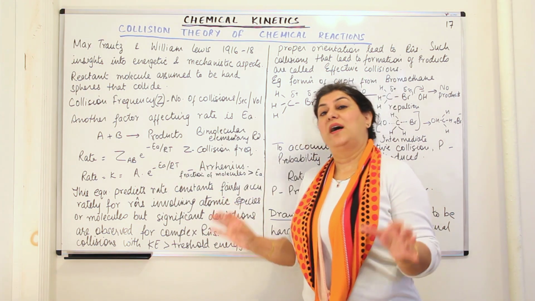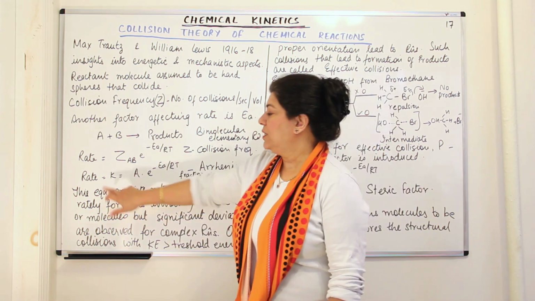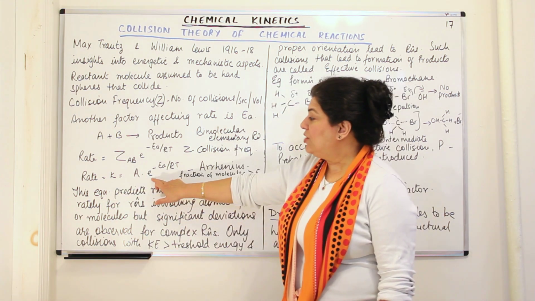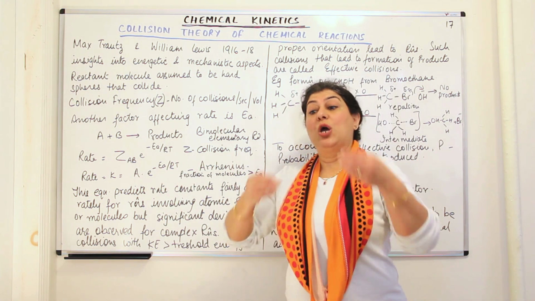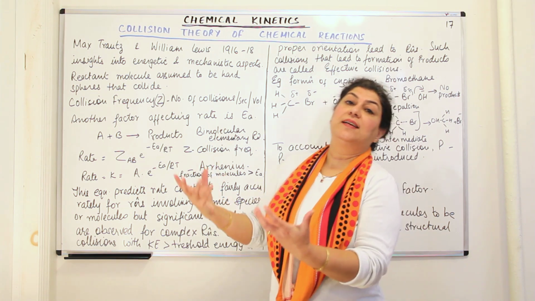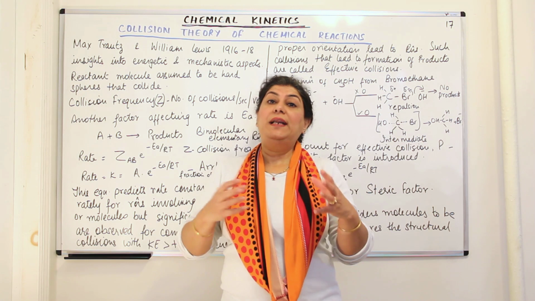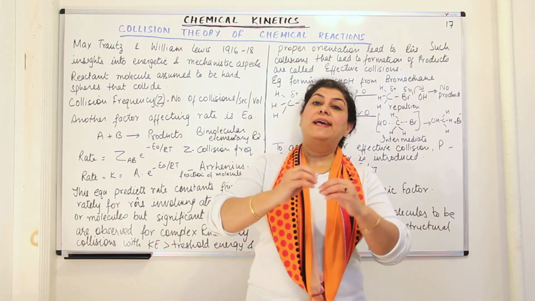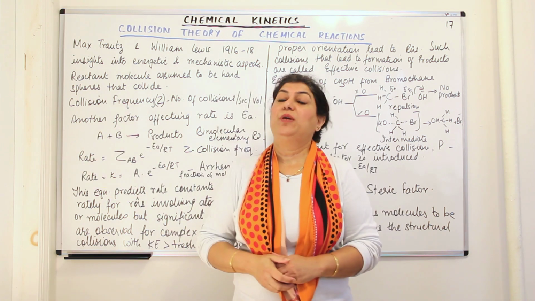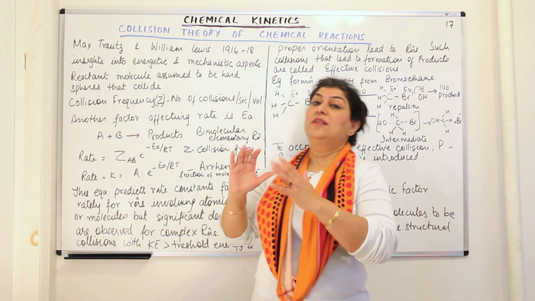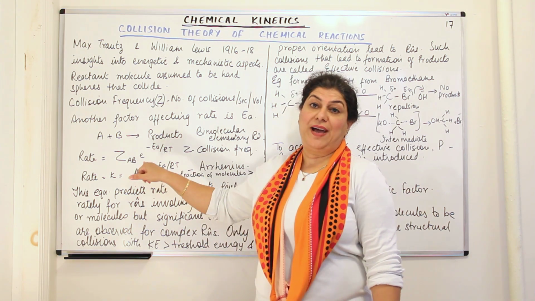This was known as the Arrhenius equation, where A was the Arrhenius factor, K was the rate constant, and e to the power of minus Ea over RT was the fraction of molecules which had energy greater than the energy of activation. Only if the molecules had energy greater than the energy of activation would the reaction proceed towards formation of products. Therefore, the speed with which that would happen depended on the energy of activation.